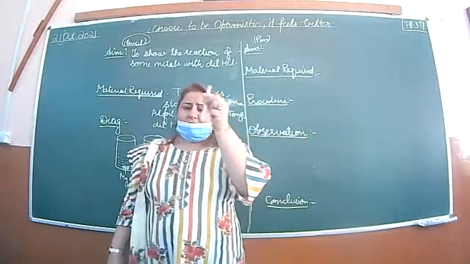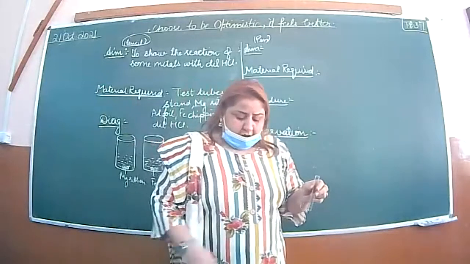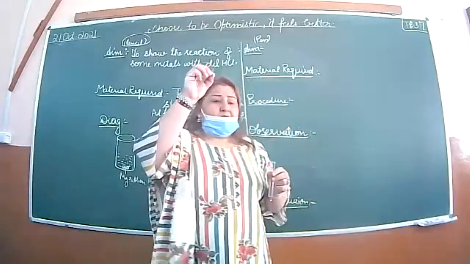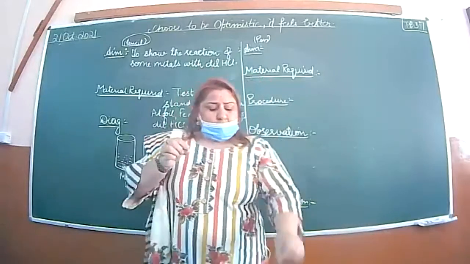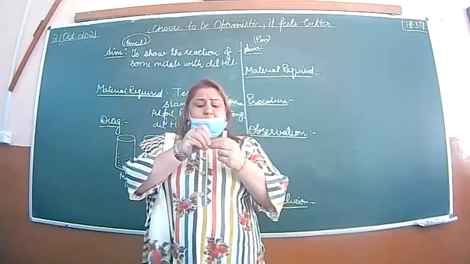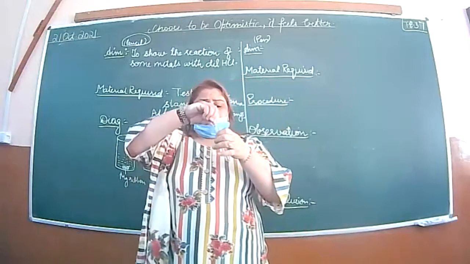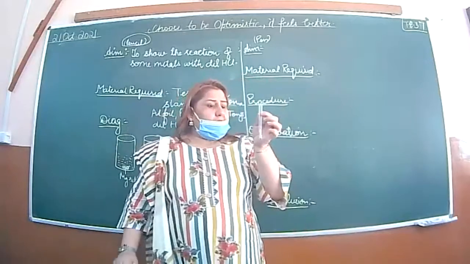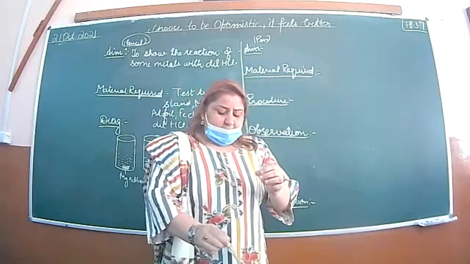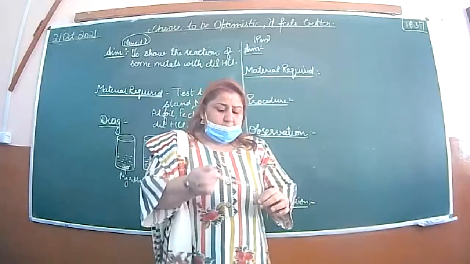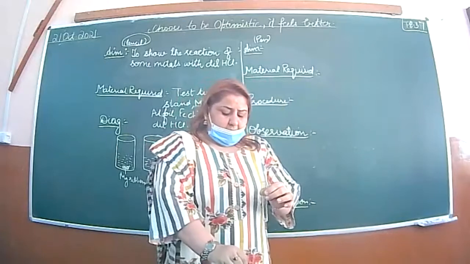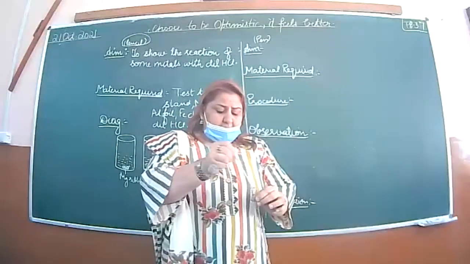Now what will we write down in the procedure? We will take a test tube, then add, I am having this magnesium ribbon. Taking this magnesium ribbon, then add dilute HCl drop by drop.